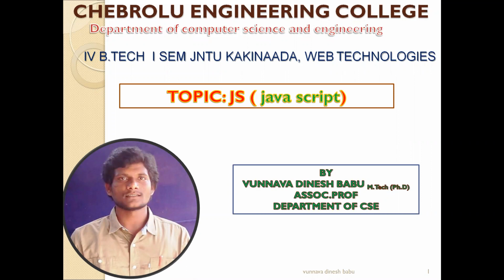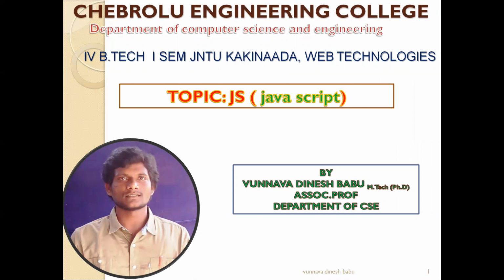a couple of keywords like let is one of the keywords in JavaScript, and const is another keyword in JavaScript. We will cover these two things, and if still we have time, we will go for covering operators in JavaScript.